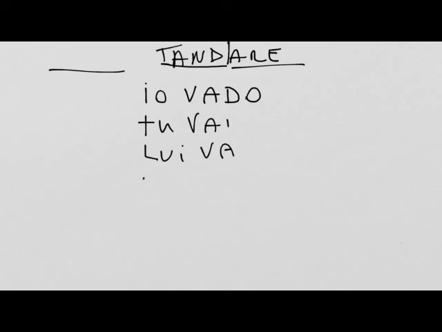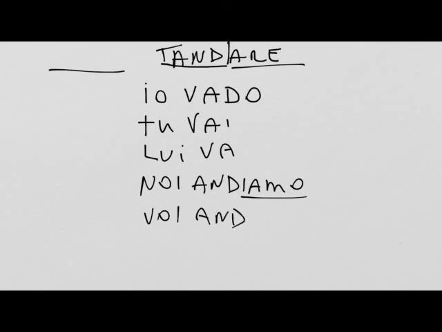Let's look at noi. Surprisingly, this particular person is perfectly regular. Andiamo. Voi andate. Again, another regular form.